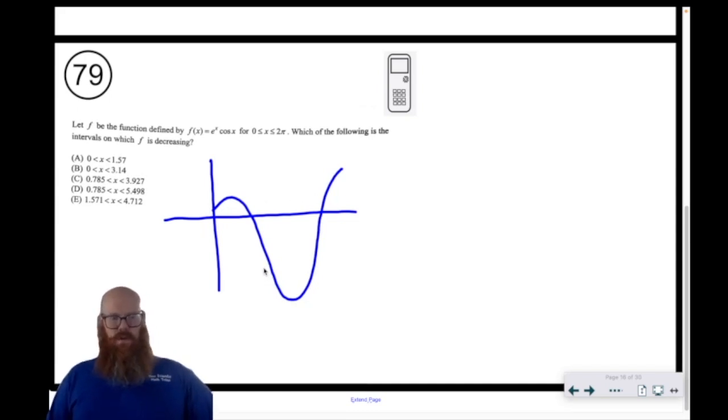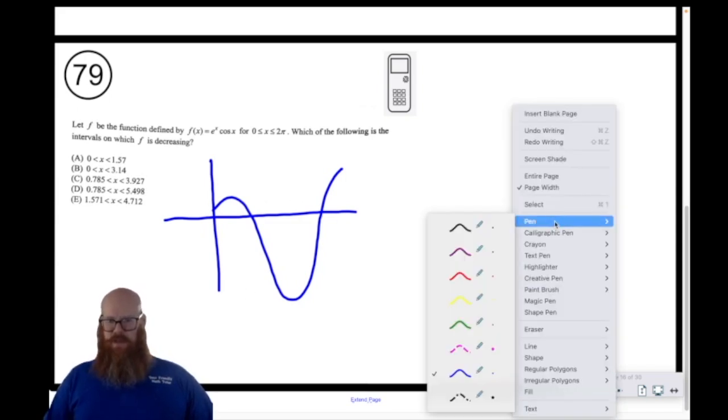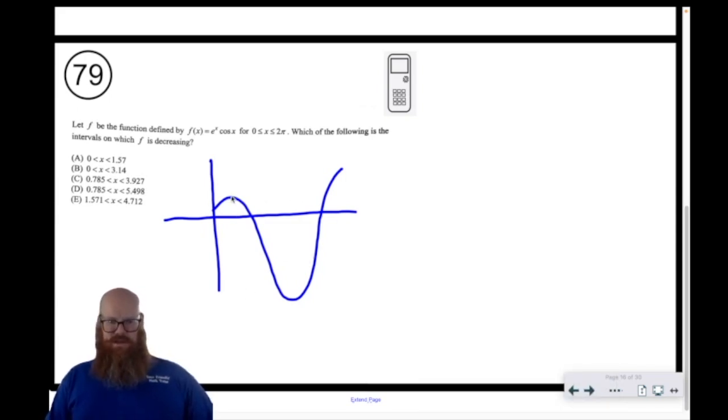And we want to know where it is decreasing. So I'm going to switch colors here. So this function is clearly decreasing from this relative max till we get to this relative min. All right? And I can find those values.